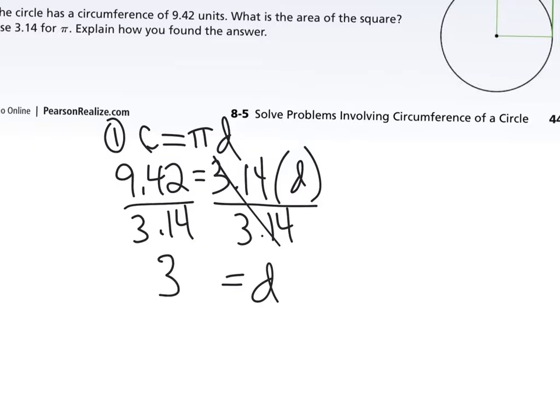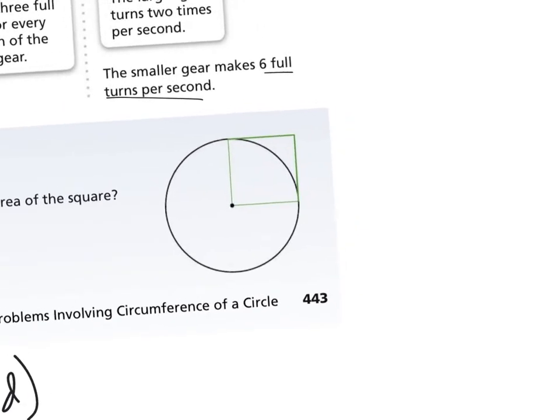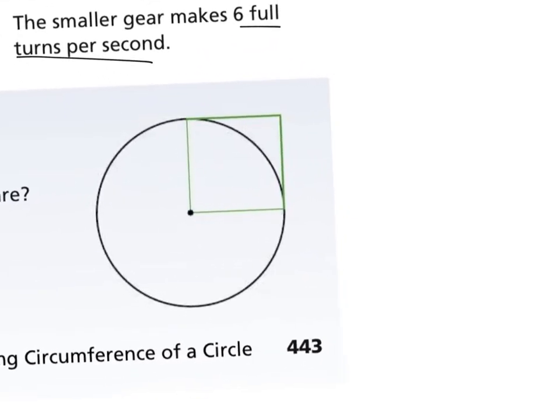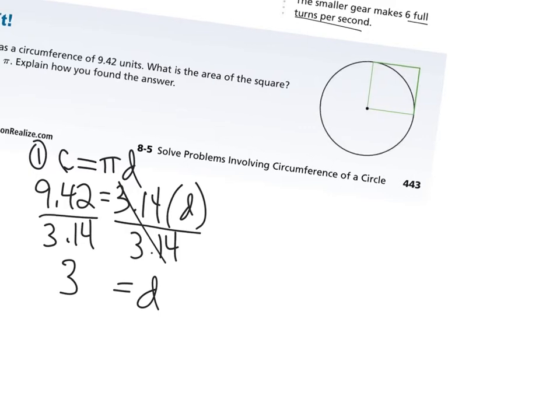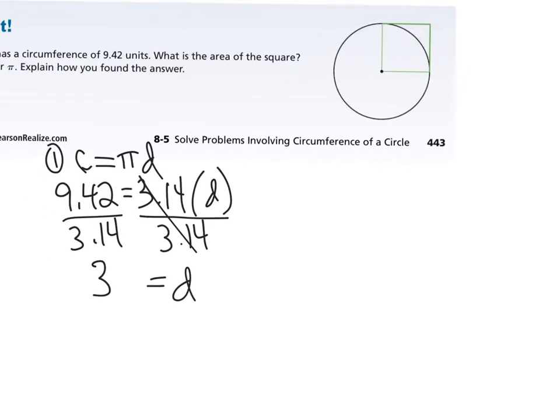Well, if we look at our green lines over here, the green lines actually inside the circle, rather than the diameter, those represent the radius. Okay, so the radius is half of that. So if the diameter is 3, if we take half of that, means our radius would be 1.5.